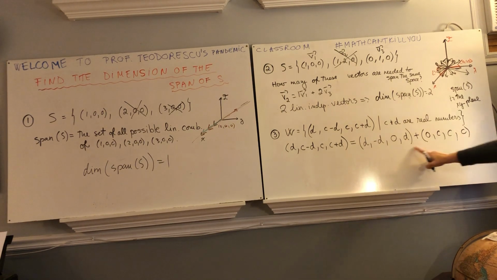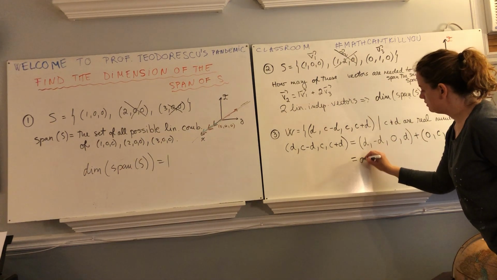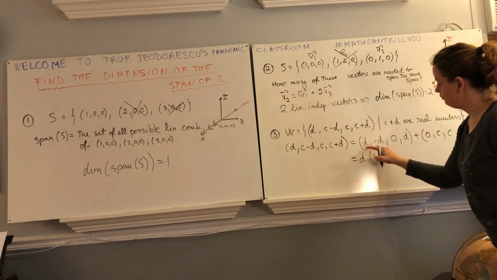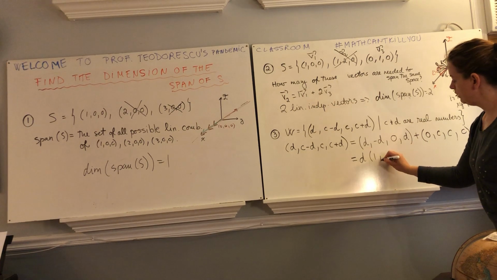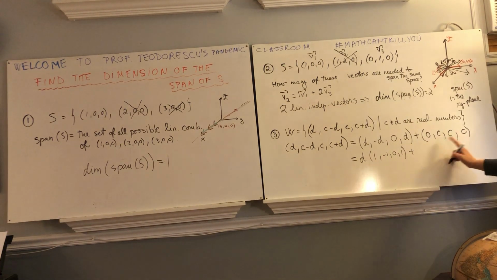So if I add these two together, I'm going to get that vector. Now I can also write this as D times, I factor out the D, 1, -1, 0, 1, plus I factor out a C, 0, 1, 1, 1.